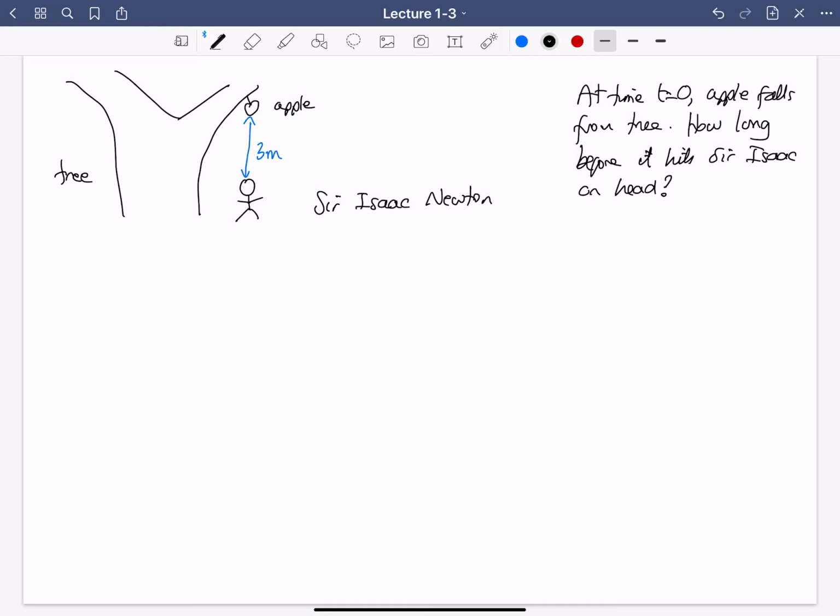Okay, so this is a very simple situation where we can use some differential equations. The thing is that gravity of the Earth exerts a force on the apple which accelerates it downwards.